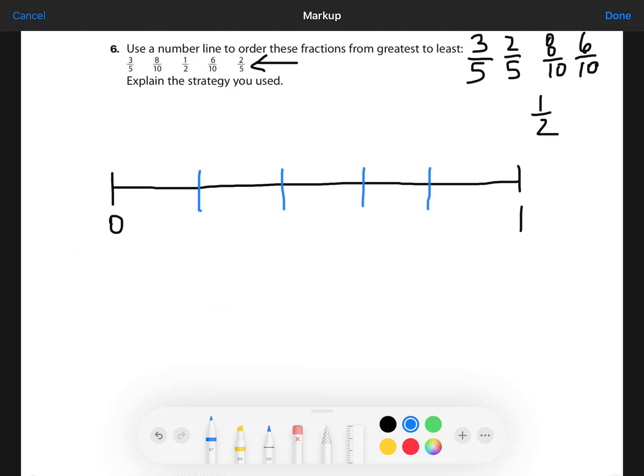It really is kind of an estimate unless I was to use a ruler. If I wasn't using an iPad, I would use a ruler. We actually have that handy ruler tool. So actually maybe we'll try that.